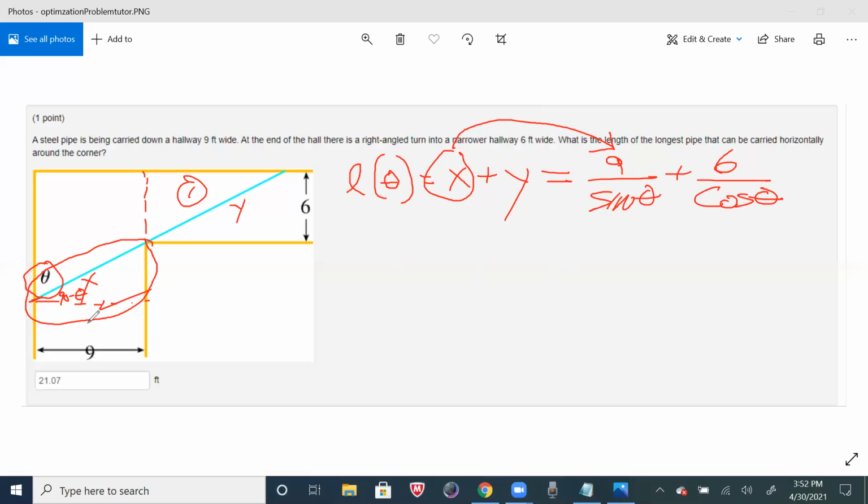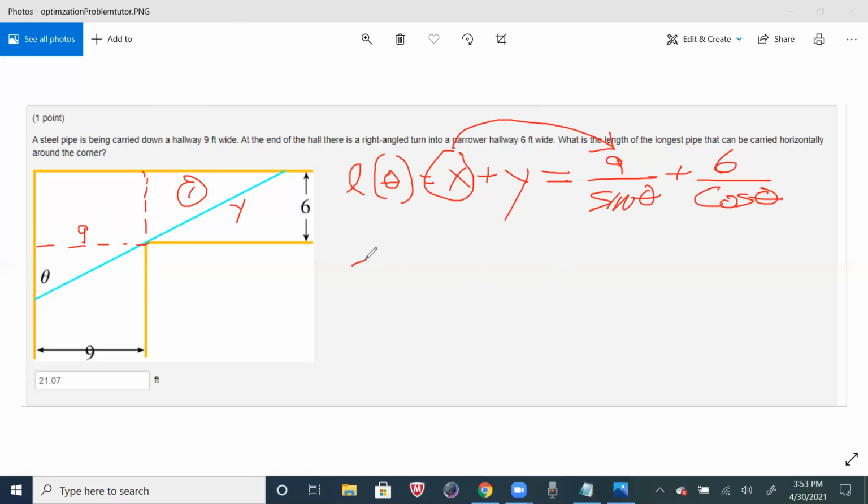Hold on, maybe I'm drawing this thing wrong. Let me draw it probably the way they did it in your example, like that. And that is 9.